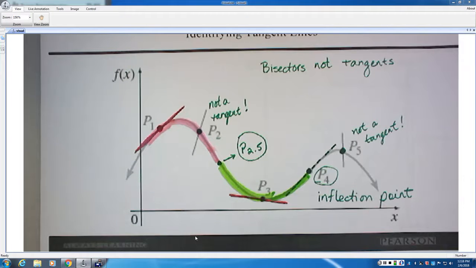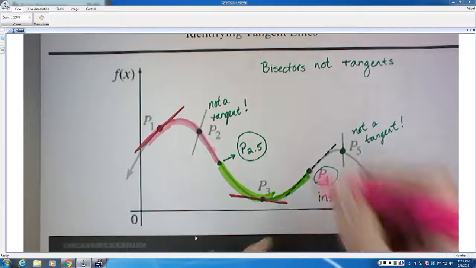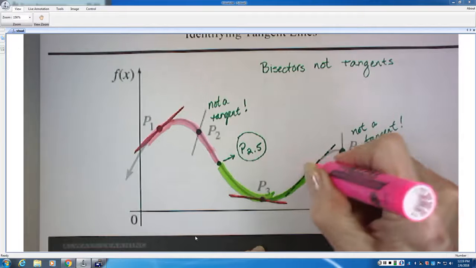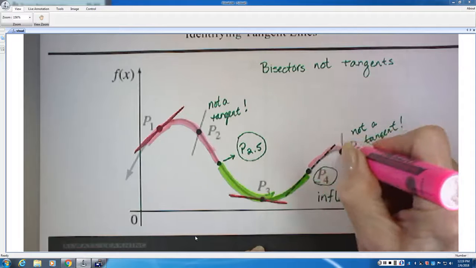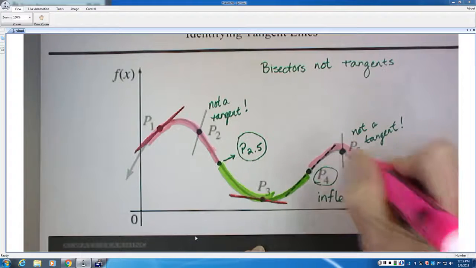So concave down, you can think of the concavity of a bowl. The bowl is turned down, the water spills out, that's concave down. The bowl catches the water and holds it, that's concave up. Okay? And then the curve switches direction again at P4 and it begins to be concave down.